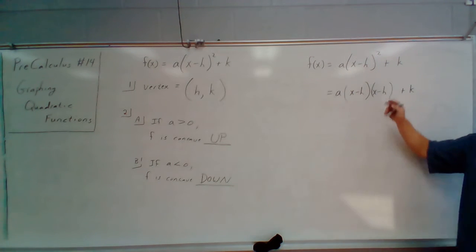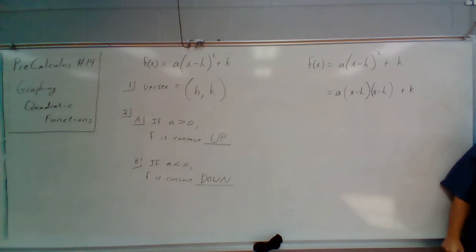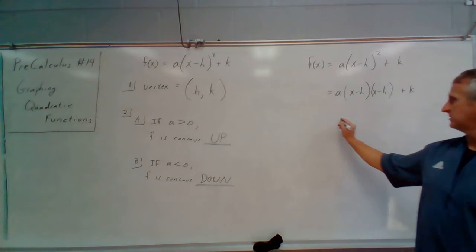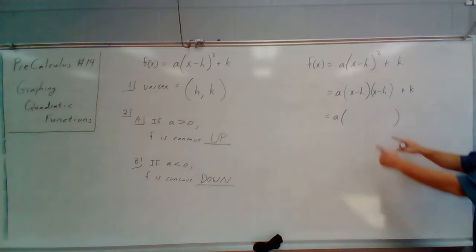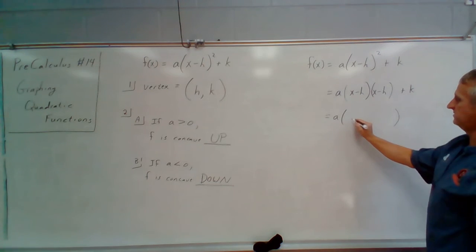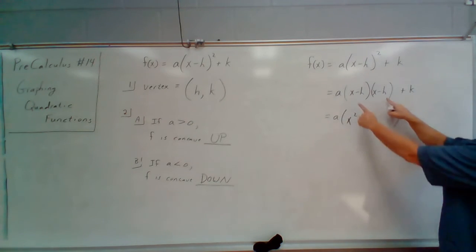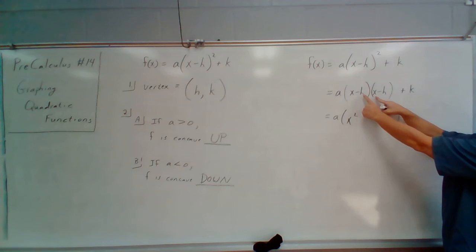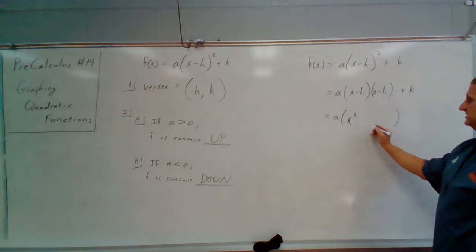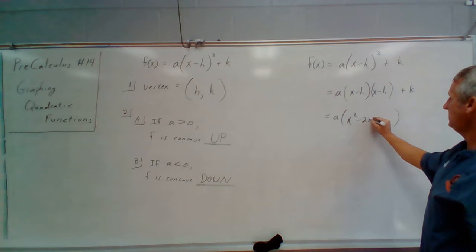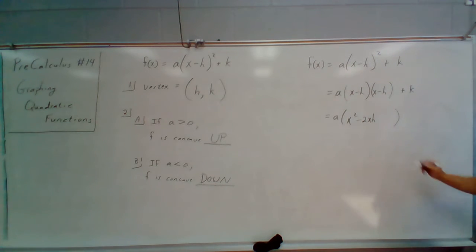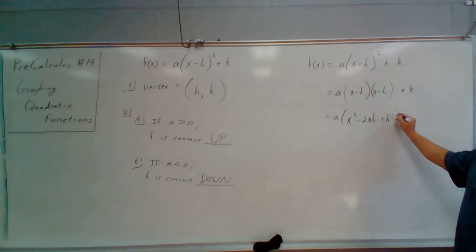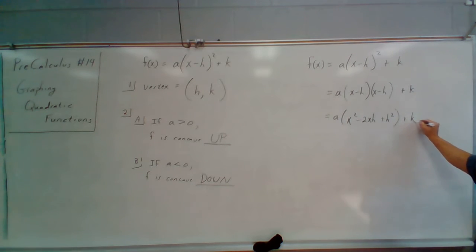Remember, if you square something, you have to multiply it by itself. It'll be a times, if I multiply this out, x squared minus xh minus another xh, so minus 2xh. Negative h times negative h is plus h squared, plus k.